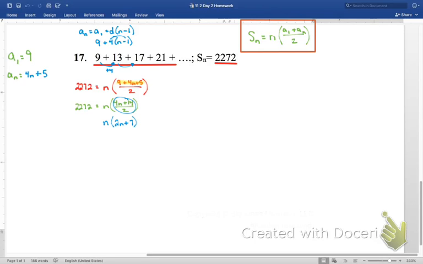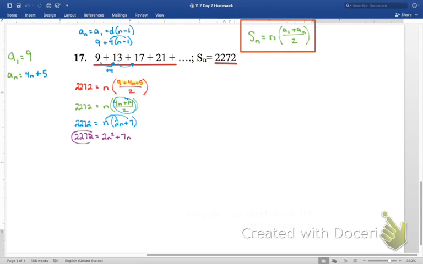Does everybody see what I did? Is there anybody that doesn't see what I just did? The only reason I can divide both of those by 2 is because they're both even. If you had a number that was not even, I would not suggest doing it that way. Okay? So then multiply, so I have 2,272 equal to 2n squared plus 7n.